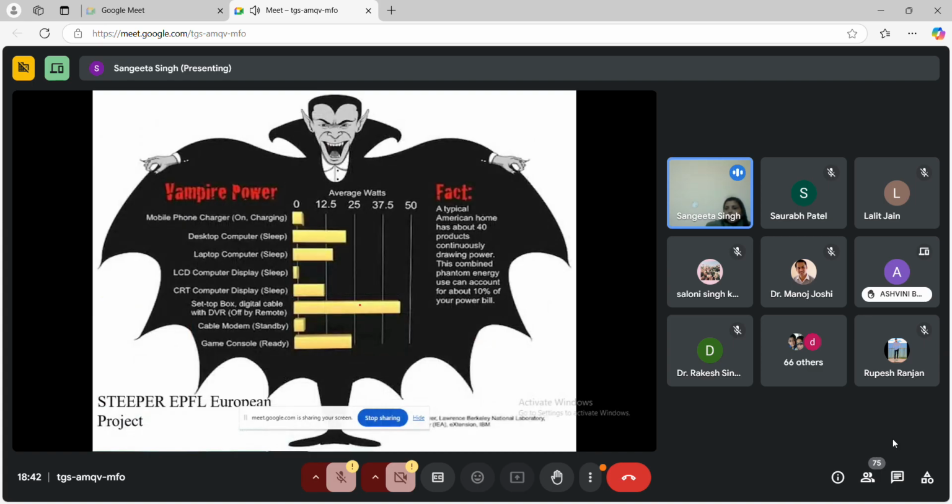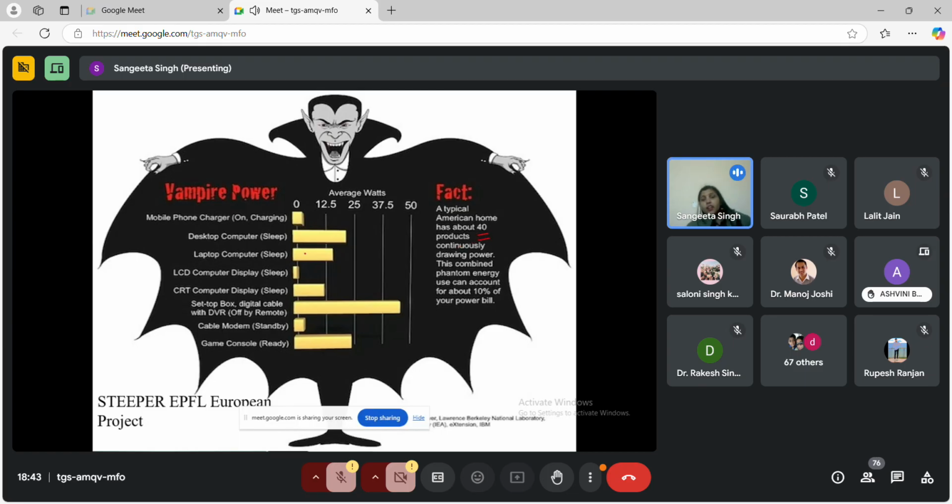Yes, this is one of the very interesting slides that I always put, because if I am researching something which is not making money or not able to save money, it is of no good use. But this slide tells us that if I am able to make my transistor a green transistor, it means its power dissipation is reduced to almost zero. Please see, there are more than 40 products in our daily household.